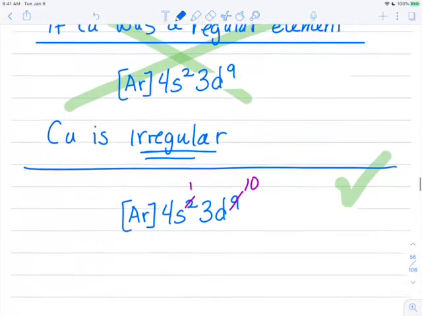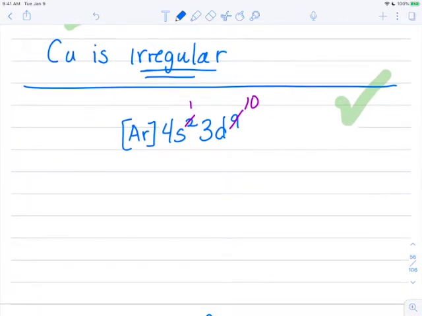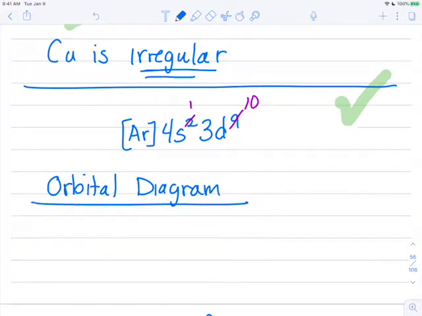Okay, before we go on, I want to do its orbital diagram. So here, I'm starting off with that argon again. 1 line for S's, so 4s has only 1 line. Always 5 lines for our D's.